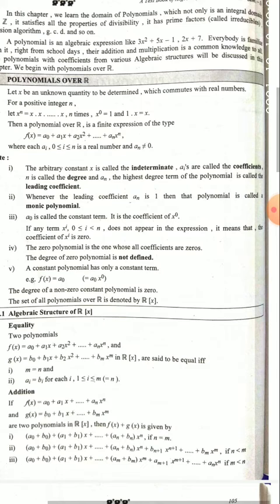We note here the arbitrary constant x is called the indeterminate, and the ai's are called the coefficients. n is called the degree of that polynomial, and an, the coefficient of the highest degree term, the highest power of x, is called the leading coefficient.